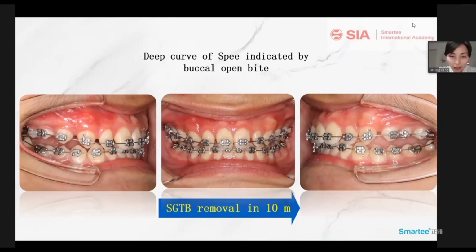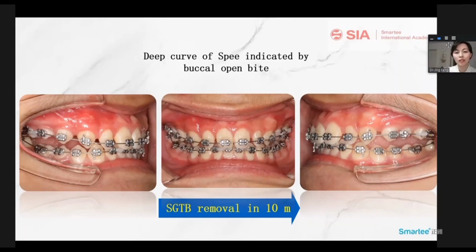and you can see the deep overbite was opened, and overjet is opened, but there is still some open bite at the buccal segment.